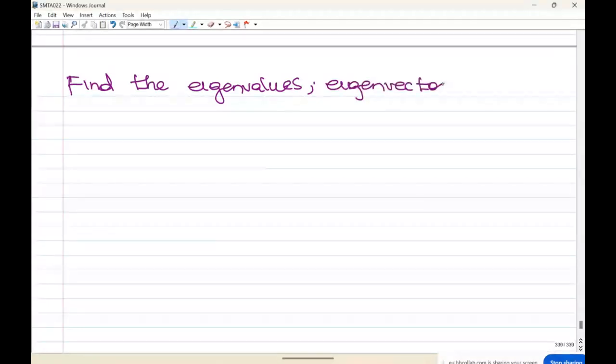After the eigenvectors, now you are adding the other term called eigenspaces. We have now defined what eigenspaces are. Find the eigenspaces of the following.